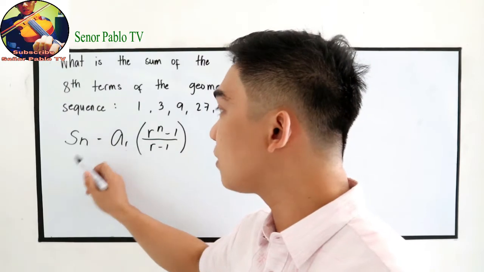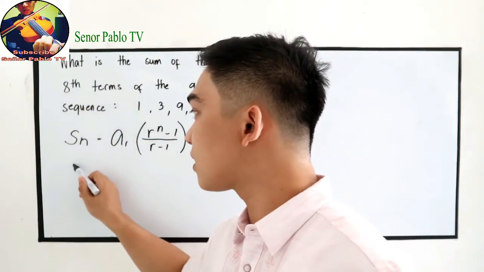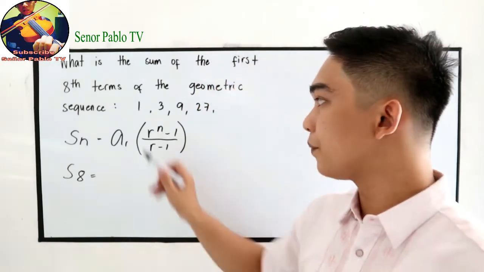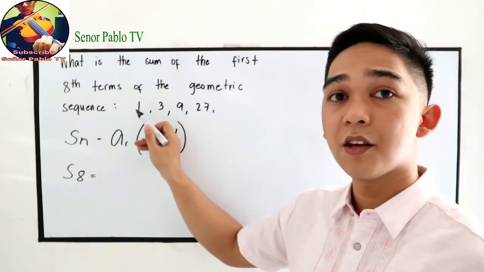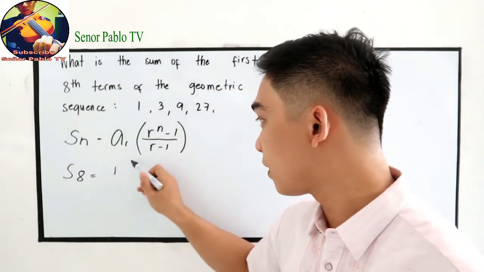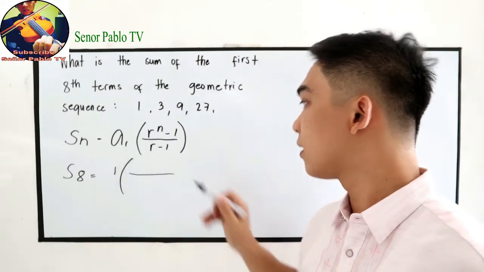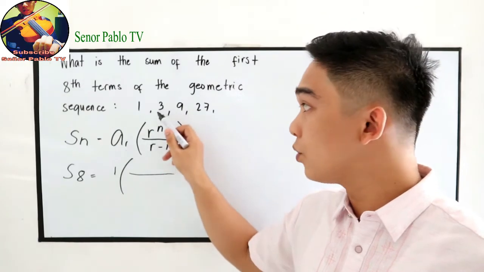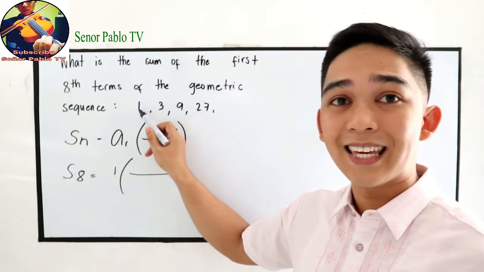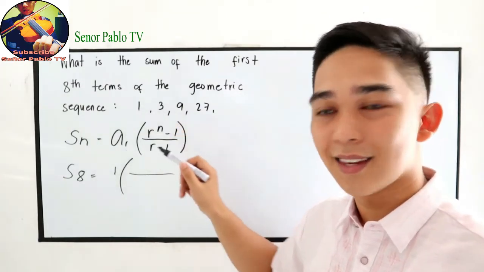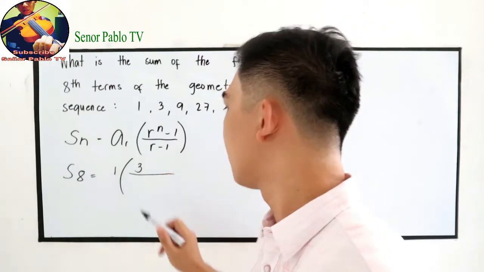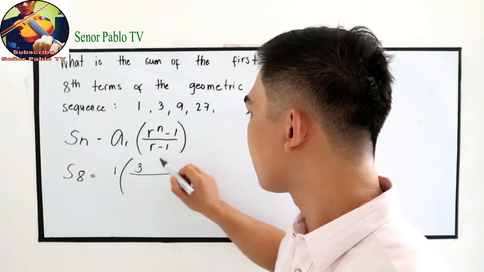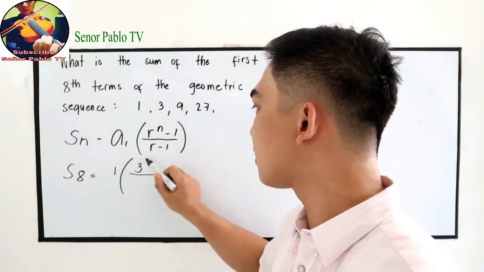So Sn, hahanapin natin yung 8th term, so that is S8. Is equal to A1, alam natin yun ay the first term, which is 1. R is the common ratio. Dito, A2 divided by A1, 3 divided by 1, that is 3. Raised to N, that is 8.